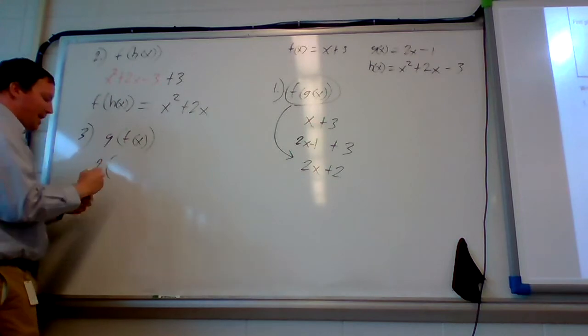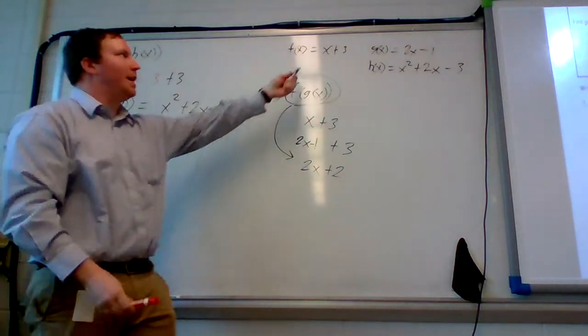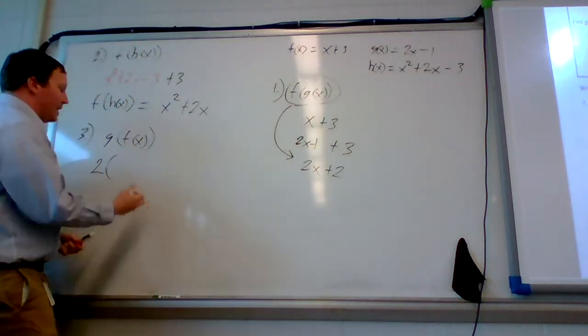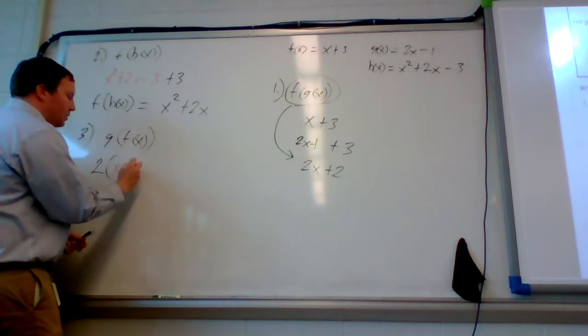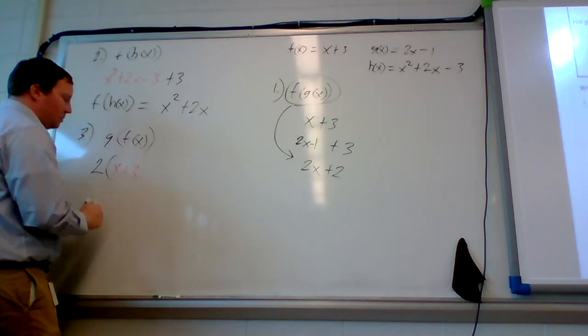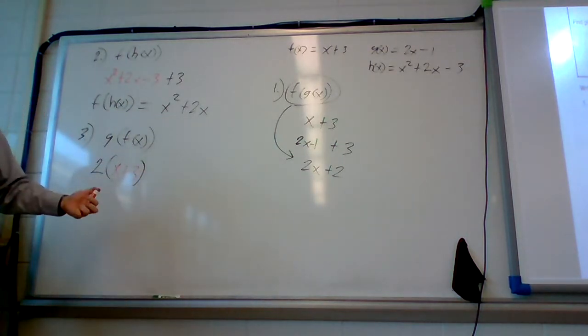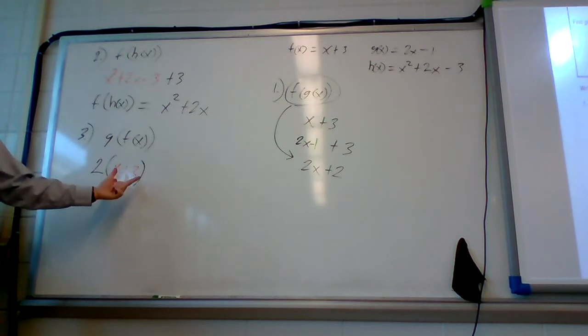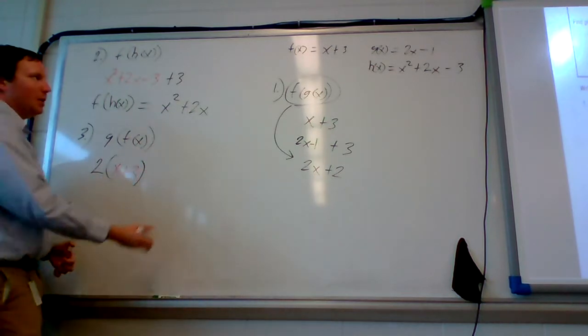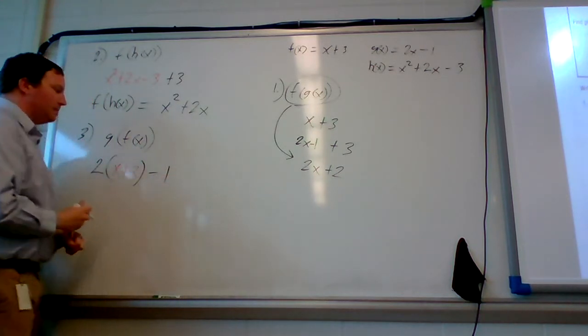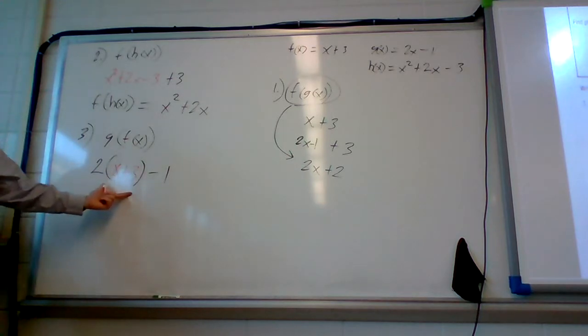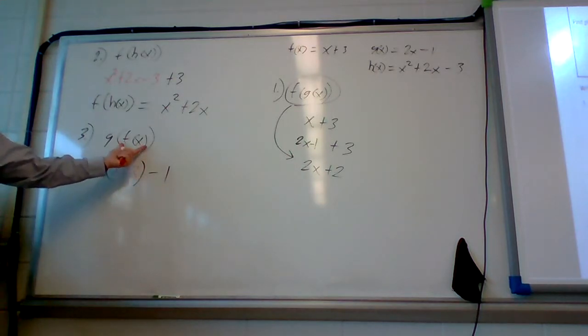I'm going to replace that x with the function of f, which is x plus 3. And continue writing my g of x function. So I've got 2x, going to replace it, minus 1. I've replaced all my x's with my function of f.